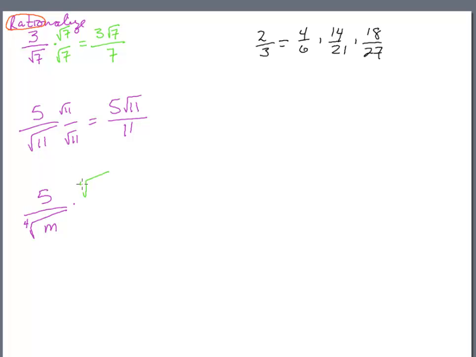So I'm going to times it by the 4th root of m cubed. Then what happens is it actually comes out 5 times the 4th root of m cubed. That's kind of ugly on the top, but the instructions were to take care of the denominator, and that's the 4th root now of m to the 4th power. And there we have rationalized the denominator.